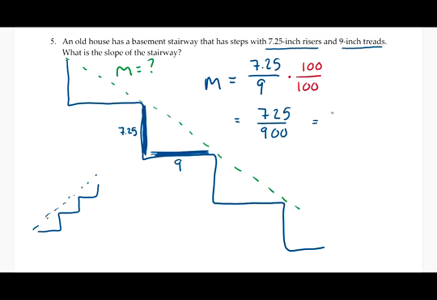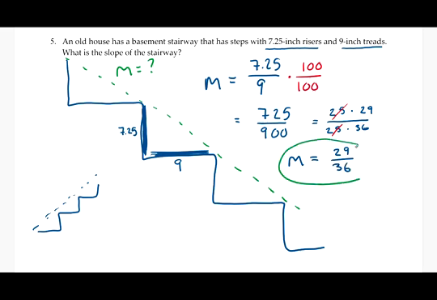So if you divide 725 by 25, you get 29. And 900 is the same as 25 times 36. Okay, and those 25s will cancel. So it looks like the simplified fraction would be 29 divided by 36. And that's as simplified as we can make this fraction.